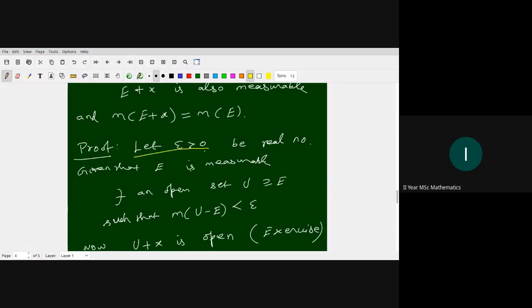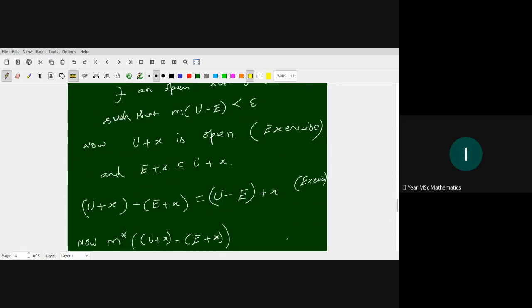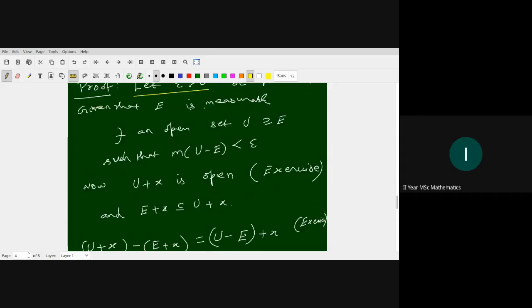For every epsilon, we have an open set u plus x. This u plus x exists because of u, right? This existence is because e is measurable.